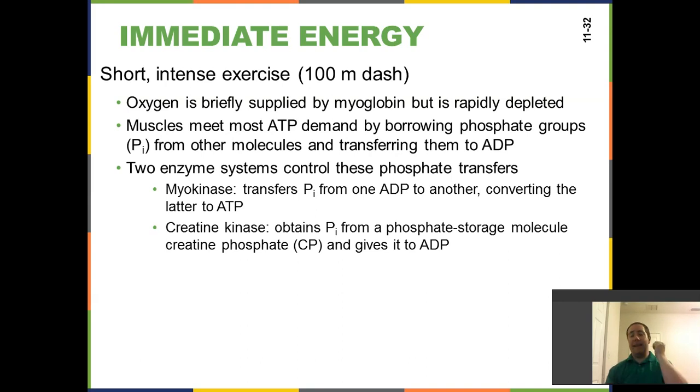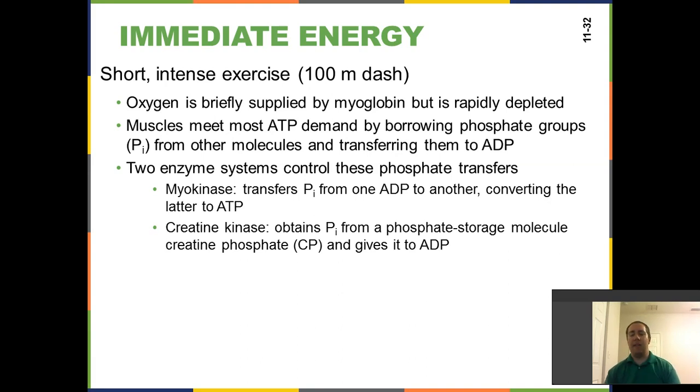I'll then have an ATP and an AMP, adenosine monophosphate. Problem solved, right? ADP doesn't do me any good. AMP isn't any worse than ADP, so let me just convert an ADP, take part of it off, and recycle part of it. Creatine kinase is going to take a phosphate off another protein called creatine.